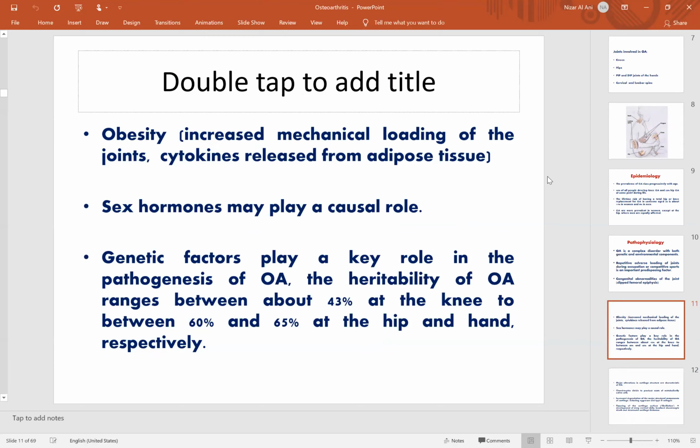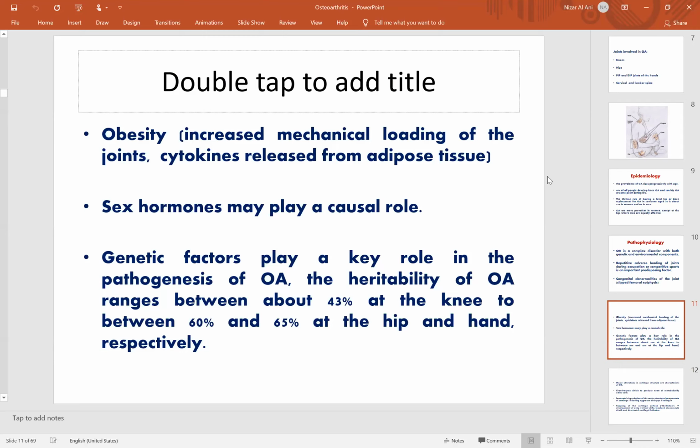So we have two mechanisms. One, local mechanism due to increased load on the joint, and the second mechanism because of the cytokines which are released from adipose tissue in obese patients, which lead to degradation of the cartilage. Sex hormones may play a causal role.